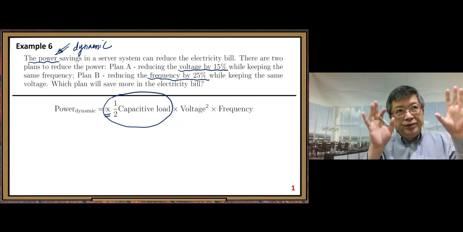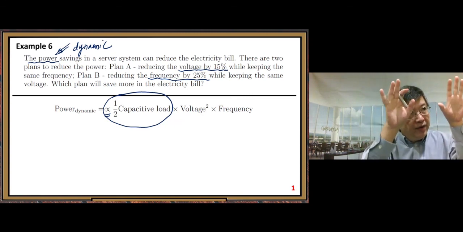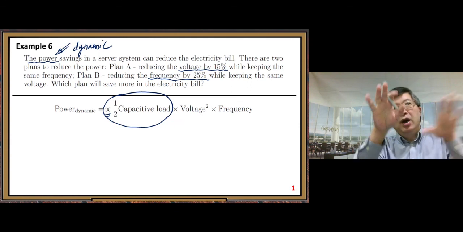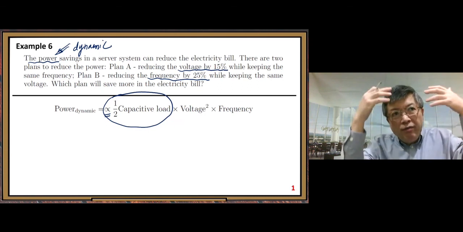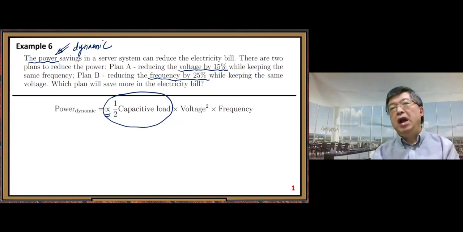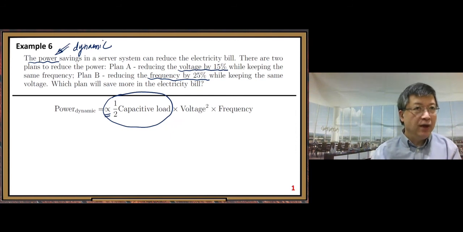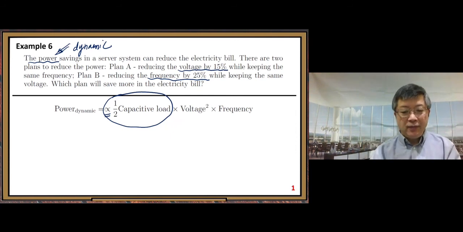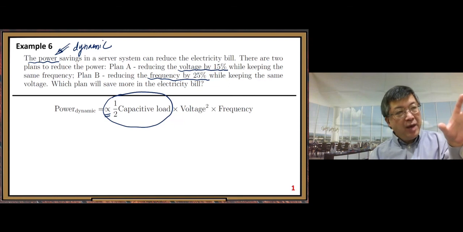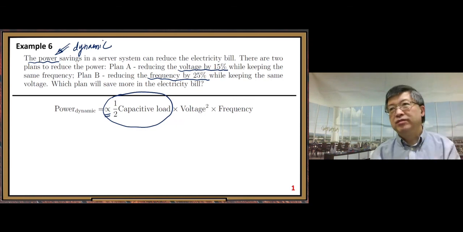Here we want to compare under these 2 plans, which one can help us save more electricity bill. When we use the dynamic power, first we know electricity bill is associated with energy. Right?